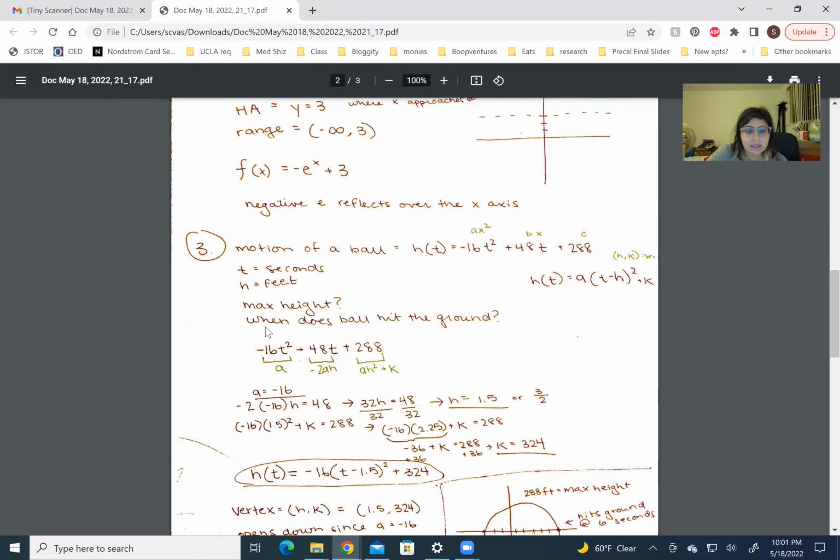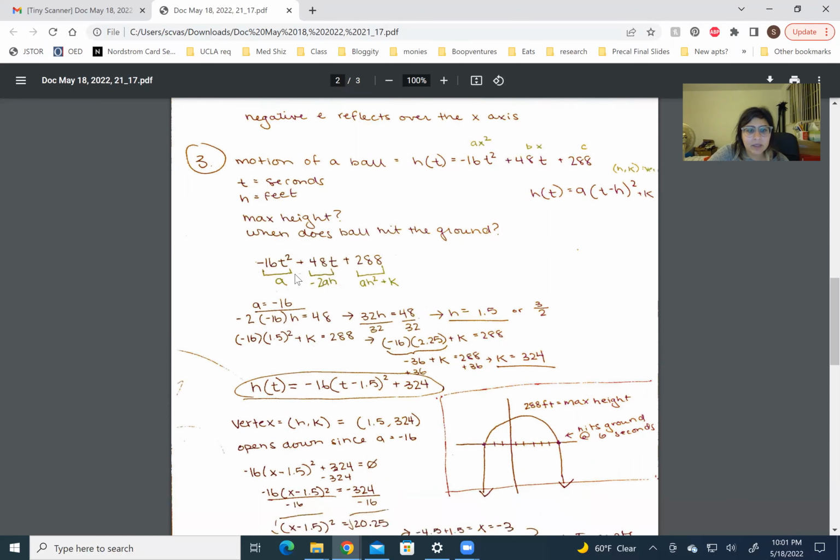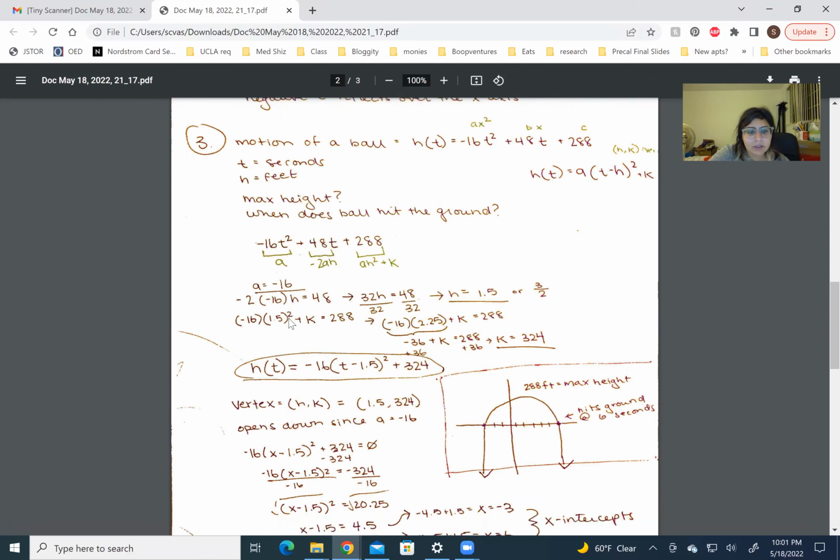So how I did that was using the standard form and mapping out the different parts of this form. So for A, once we start with A, then we're able to get all the other components, H and K. So that's what this shows here.